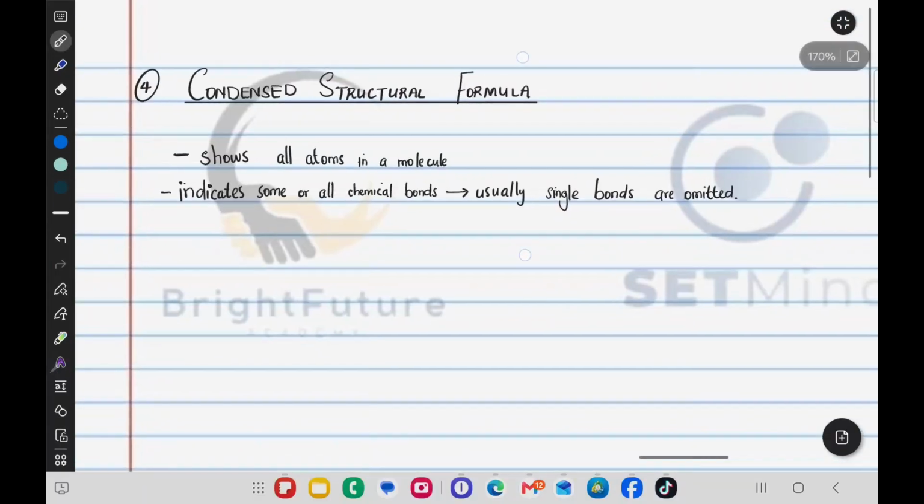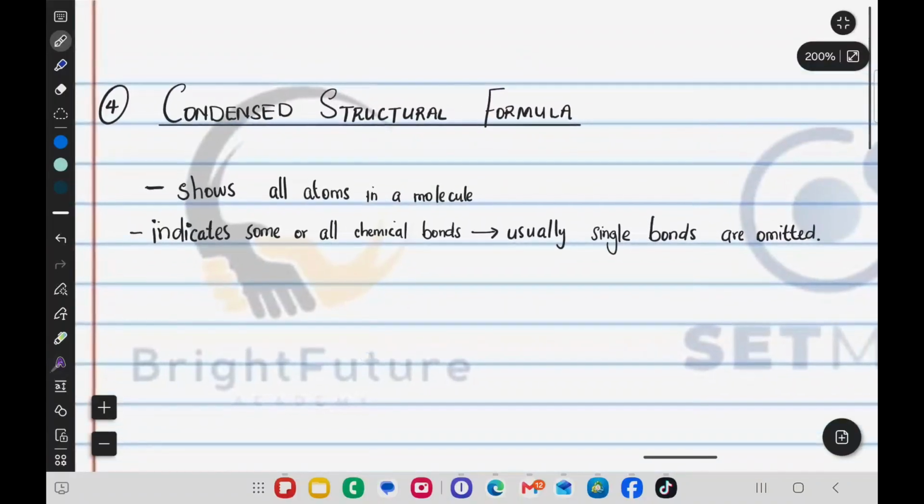It generally shows all the atoms in that molecule, while it indicates some or all chemical bonds. So usually single bonds are not shown or are omitted, but you can also show them if you want.